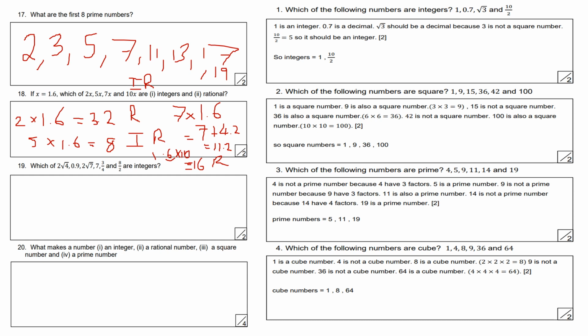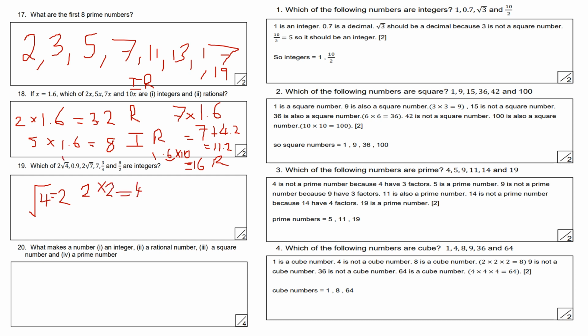Question 19. Which of 2 root 4, 0.9, 2 root 7, 7, 3/4, and 8 halves are integers? Well, root 4 gives you 2, so 2 root 4 will be 2 lots of 2, that will be 4. So that is an integer.